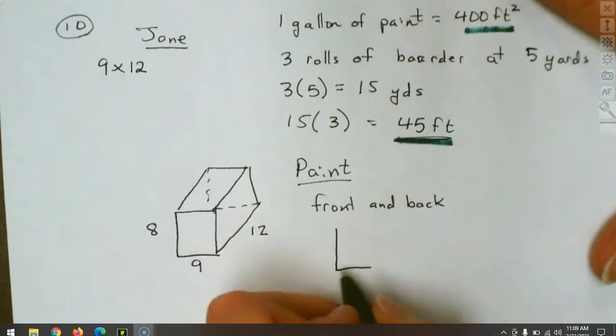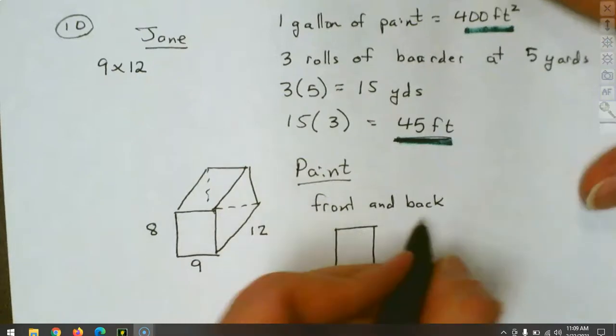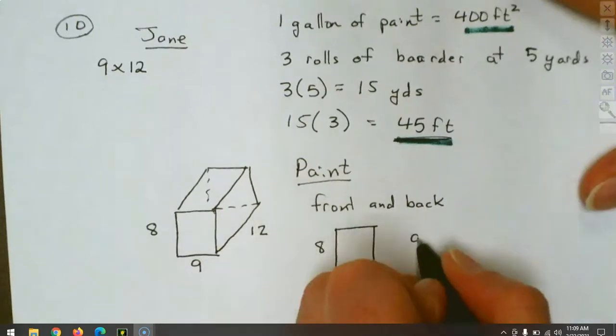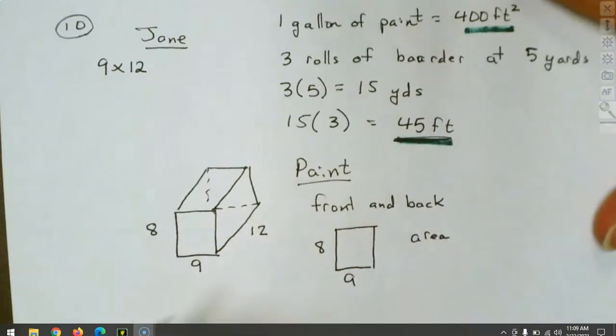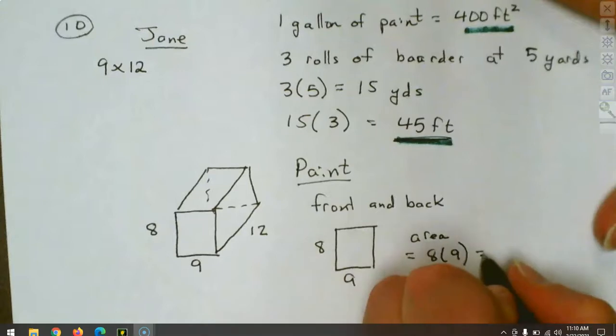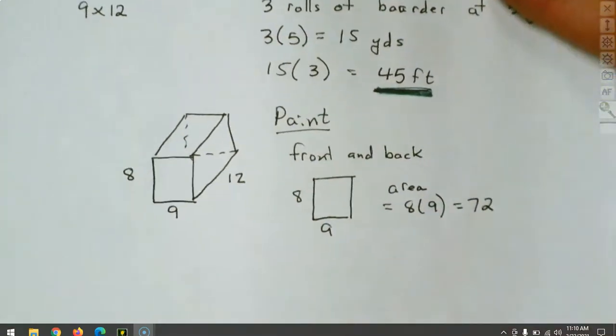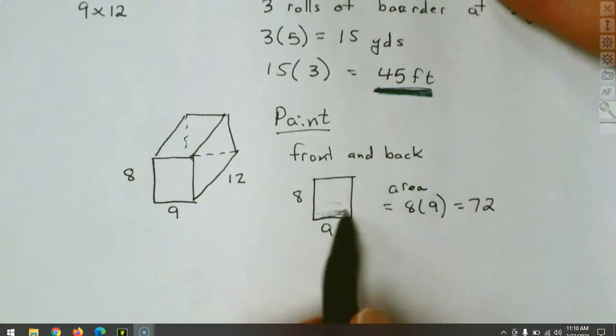Okay, for the front and the back, we've got 9 by 8 foot tall. So that means that this area is length times width, which is 8 times 9, which is then 72. Because we've got to paint this. Remember, how do we paint? We have to use an area.